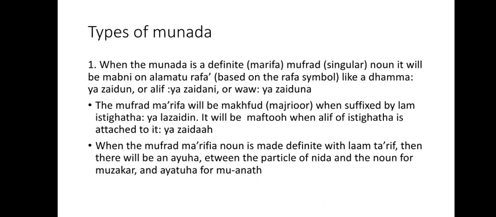And we have also said that halatu rafa, the rafa case, can be represented by an alif when it's a dual word. So you could say ya zaydani, or if it's a plural word, it'll be ya zayduna, where the waw represents halatu rafa.